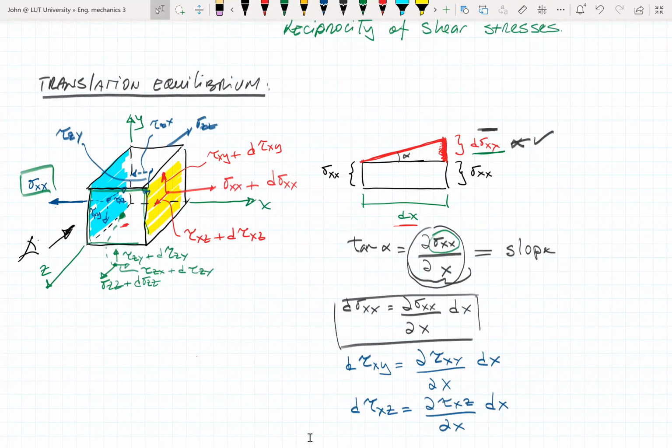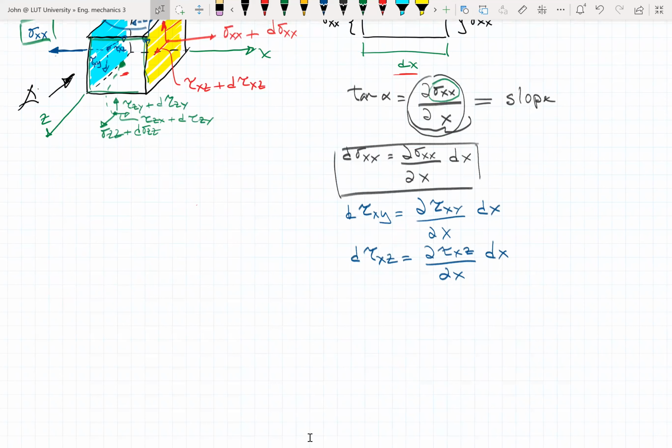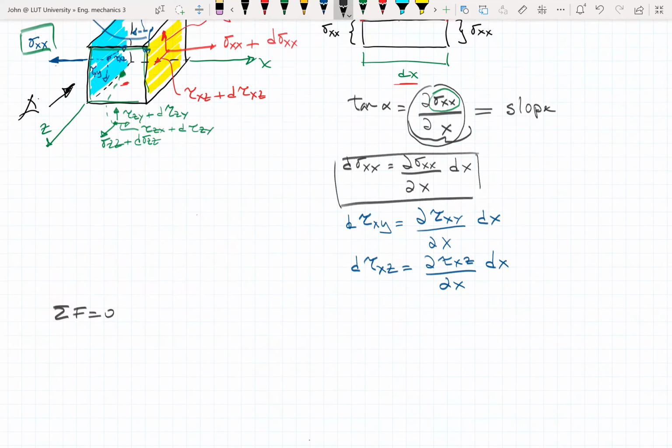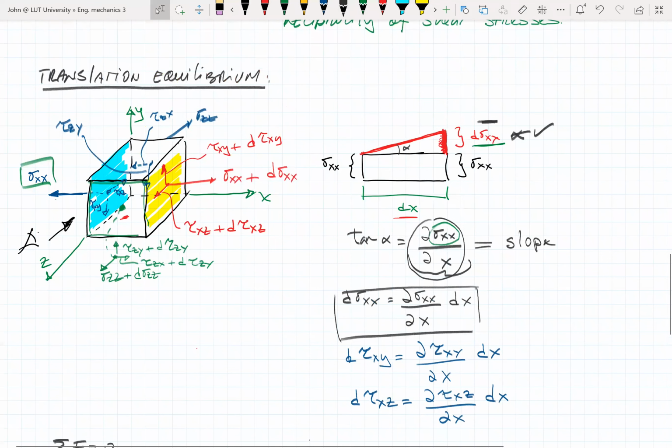Now having this, I'm able to formulate the translation equilibrium by proposing that the sum of forces is going to be equal to 0. And we're going to follow the convention that anything that is aligned with the positive axis of our Cartesian coordinate system is going to be positive, and negative otherwise.